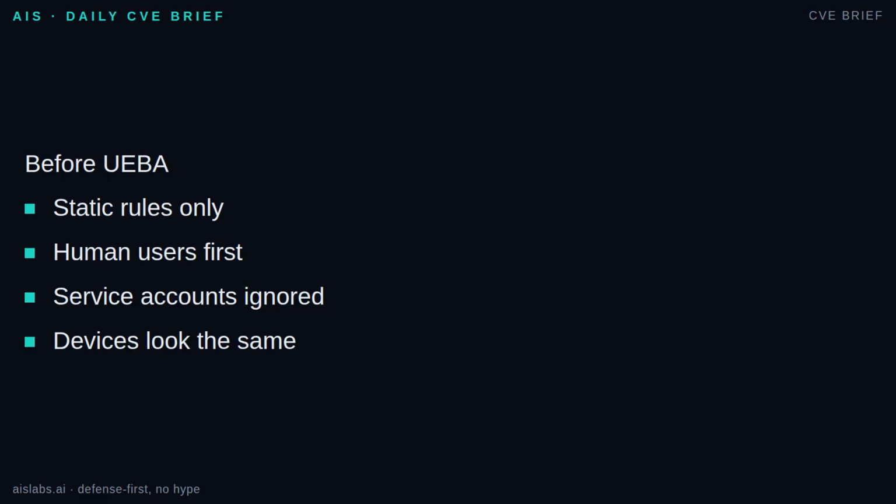They are powerful, long-lived, and often excluded from normal user reviews because teams assume they are just automation. Devices create the same problem. A server talking to another server may look routine unless you know that these two servers never communicate. IoT devices and printers are worse. They are noisy, poorly understood, and rarely owned by one team. UEBA gives defenders a way to ask, is this normal for this exact entity?